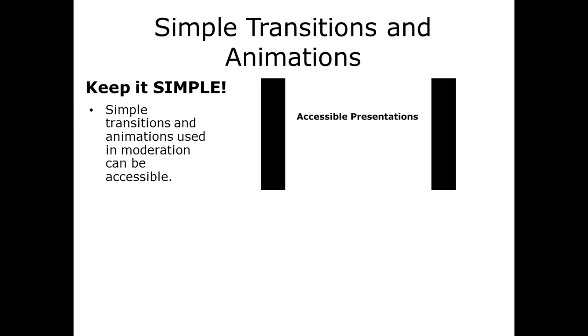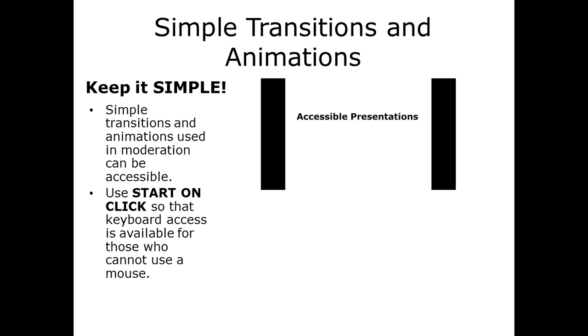Simple transitions and animations. Keep it simple. You've heard that before. Simple transitions and animation used in moderation can now be accessible. In the past, we discouraged any use of transitions and animations, but that's no longer the case. As long as you keep them simple and use them in moderation, they go quite nicely with basic accessible presentations.